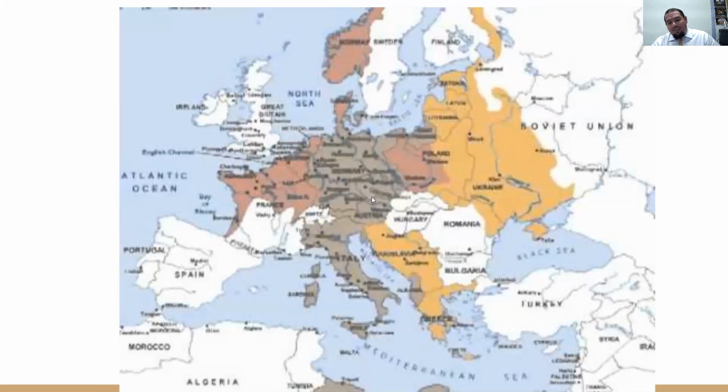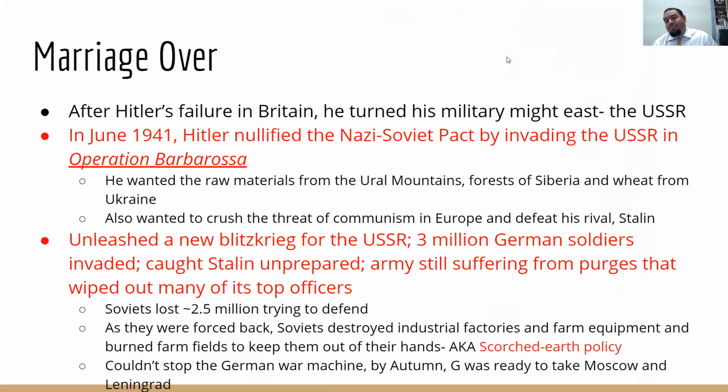Turkey stayed out of it. And you have Hungary, Romania, Bulgaria in the Axis, but I don't know why this isn't shaded in. So basically the entire map, except for Switzerland, Spain and Portugal, and Sweden, and a little bit of Finland, is taken care of.